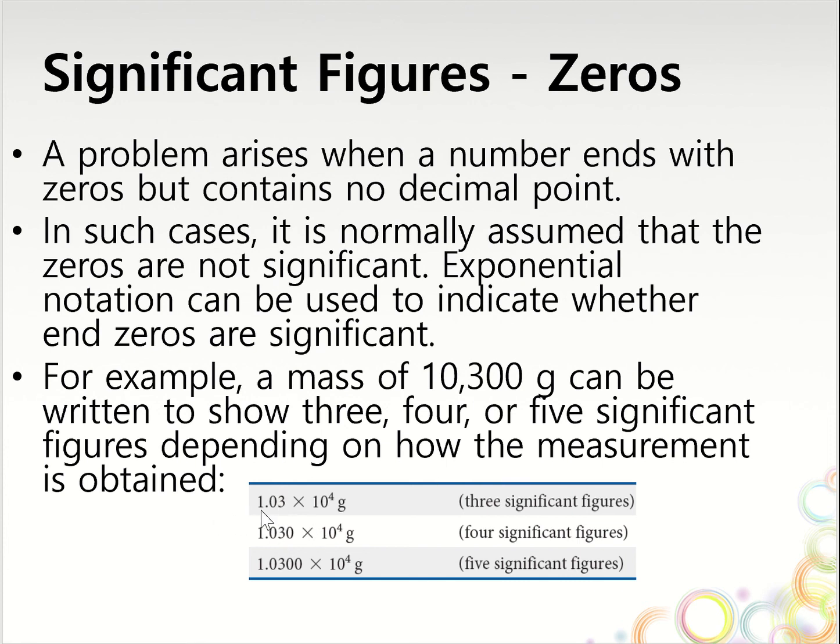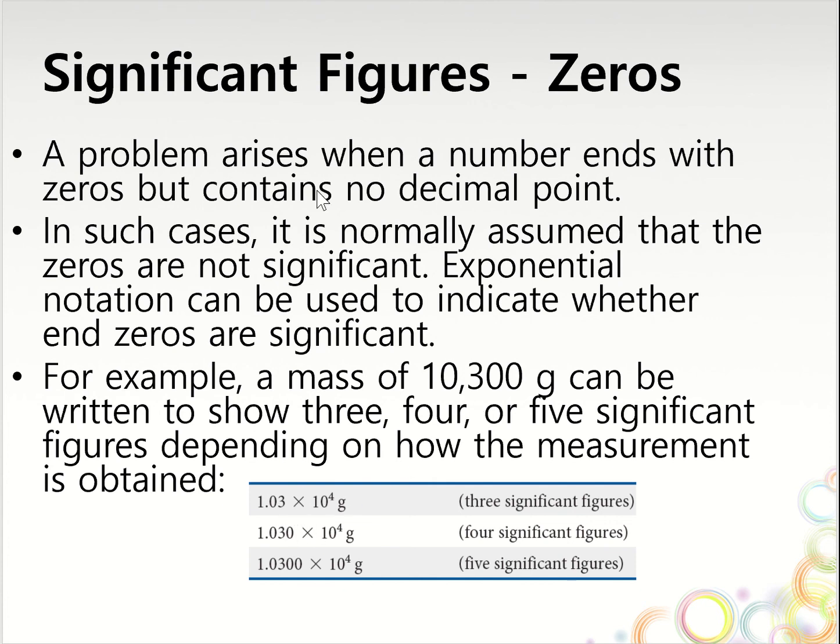And so in this case, we can put a decimal, right? Which means that here we have three significant figures. So 1, 2, and 3 times 10 to the 4. So if you multiply this value by 10 to the 4, then you will get 10,300, right?